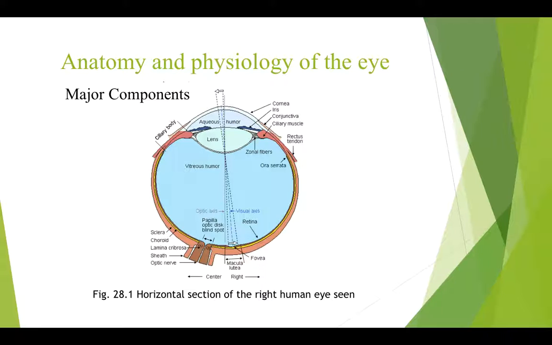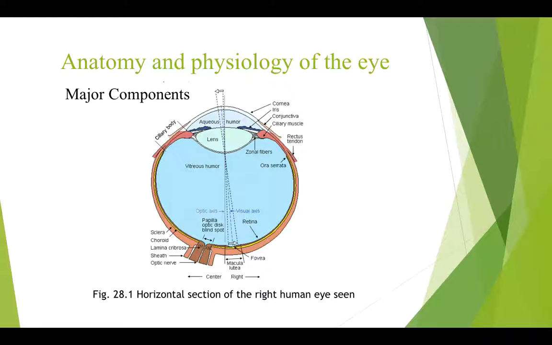The aqueous also is responsible for generating a pressure of 20 to 25, which inflates the eye against the relatively elastic boundaries provided by the sclera and the choroid. This ensures an appropriate geometrical configuration for the formation of clear images by the optical pathway.